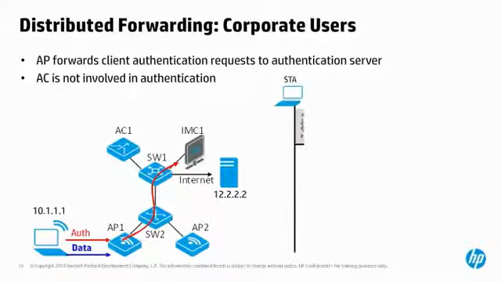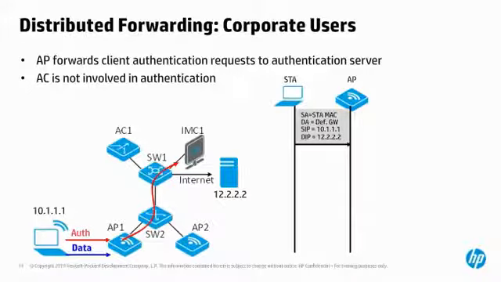The end station sends a packet to some website. The source IP address is that assigned to the end station, as is the source MAC address. The destination IP address is the website. Since the client must access this site via its default gateway, the destination MAC address is this default gateway.